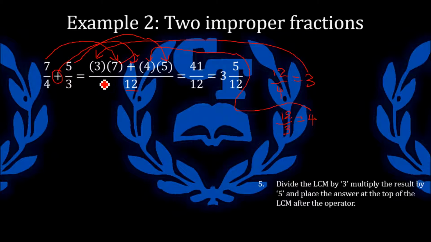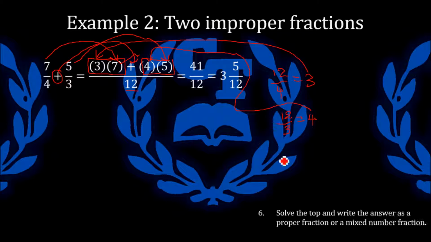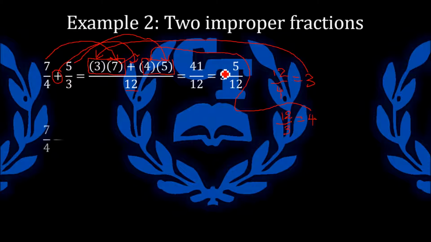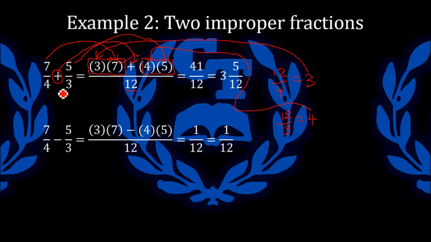Notice 7 by 3 is 21, 4 by 5 is 20, and the result is 41. 41 on 12 is an improper fraction, and what I have to do in my final step is simplify that top-heavy fraction into a mixed number or a proper fraction. 41 divided by 12 will give you 3 wholes and 5 on 12. Notice also in this question, if I place a minus sign in between, it is exactly the same procedure to follow, just that the minus sign is the difference.